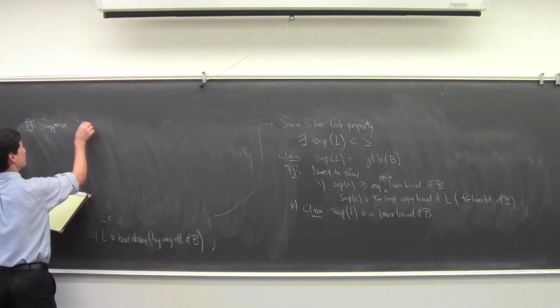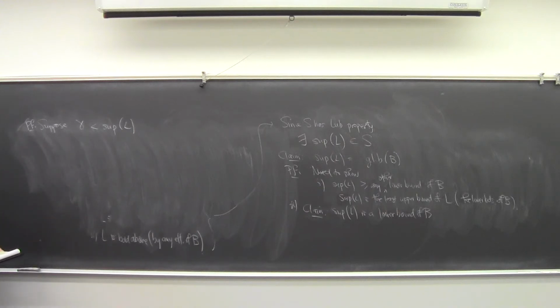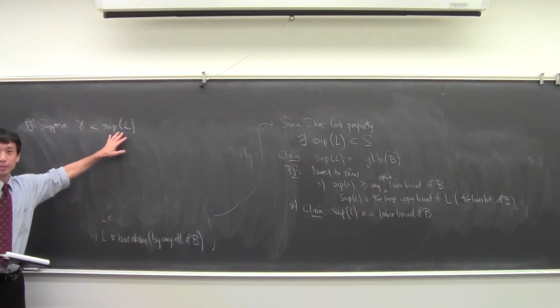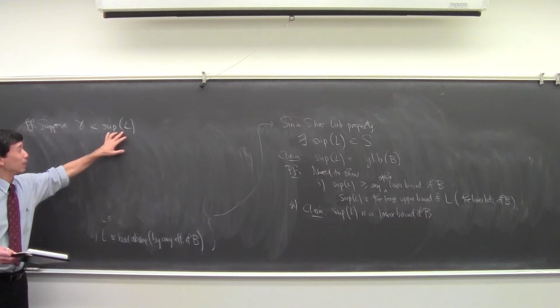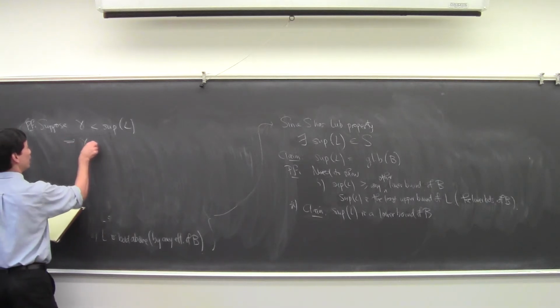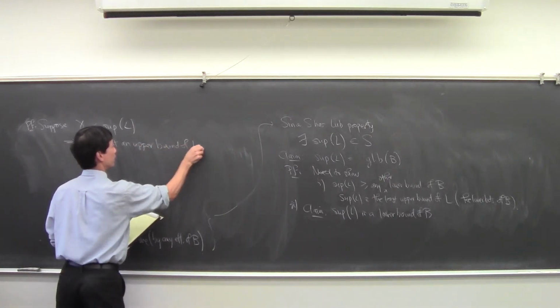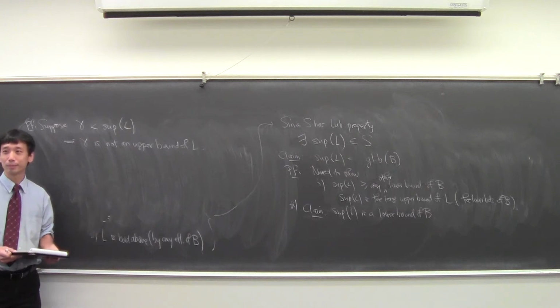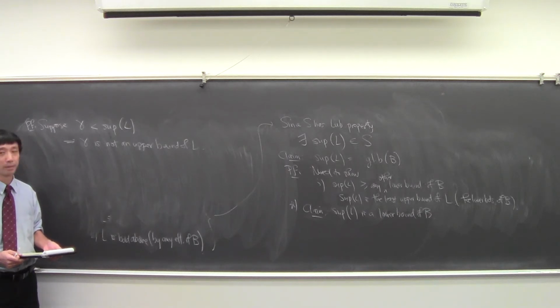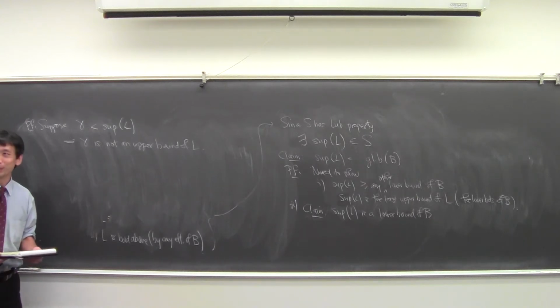Suppose that you have some number gamma that's less than the supremum of L. The supremum is the least upper bound of this, so in that case, gamma is not an upper bound of L, because it's less than the least of the upper bounds. Are you okay? Hang in there.